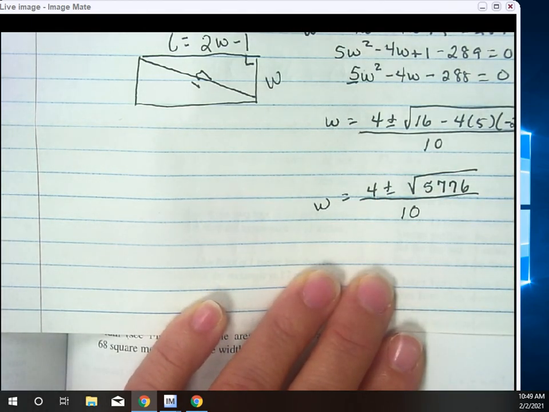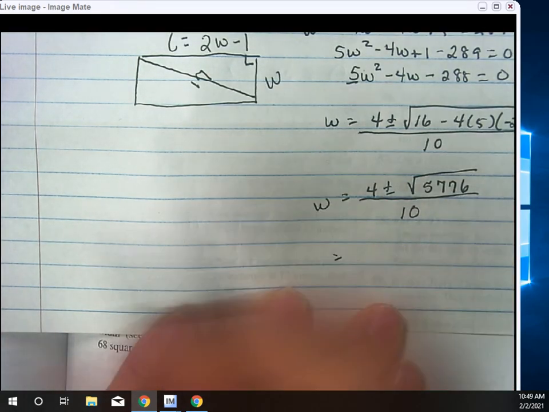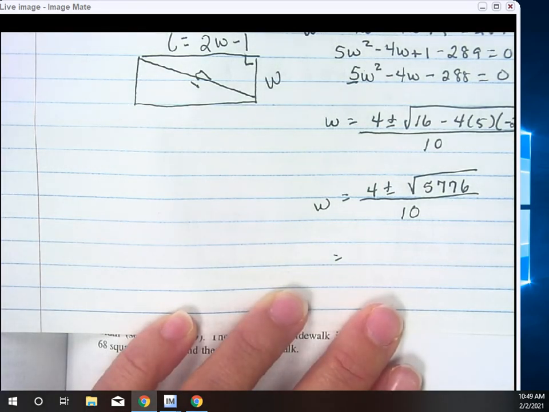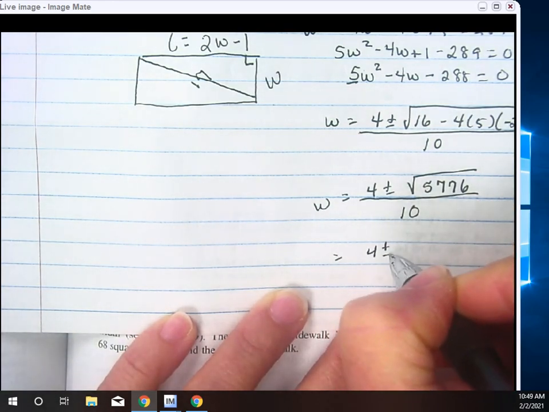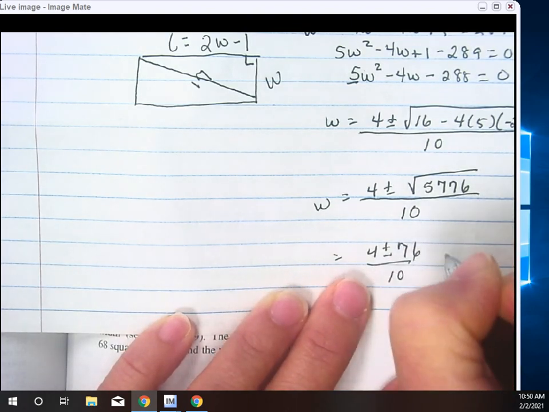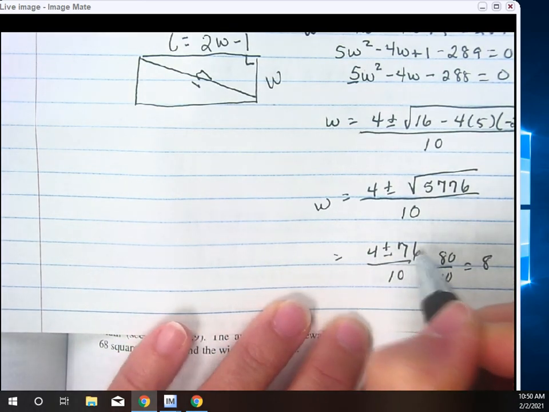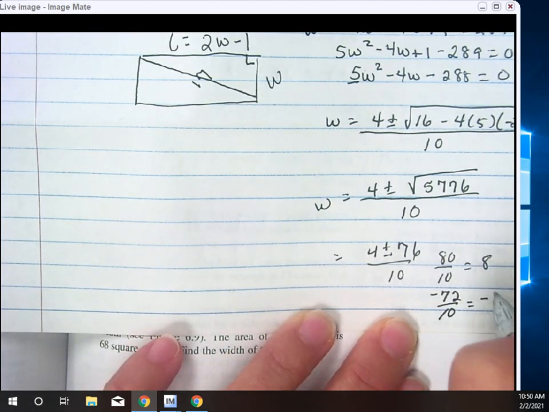Is that what you had? And then, what is that 5,776? The perfect square 76. 4 plus or minus 76 over 10. 76 plus 4 is 80 over 10 is 8. And 4 minus 76 is a negative 72 over 10, which is a negative 7.2.